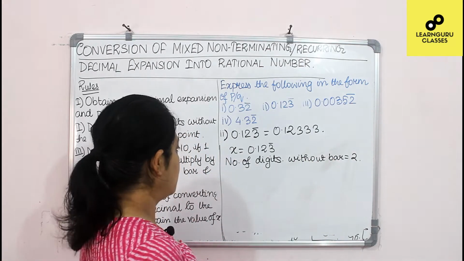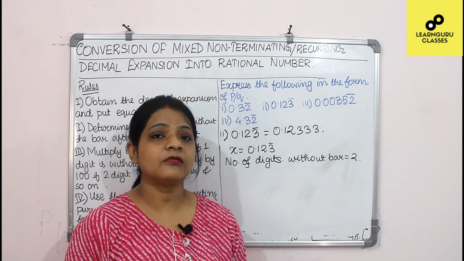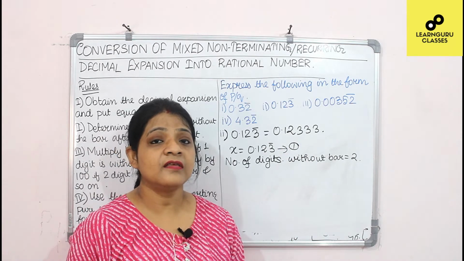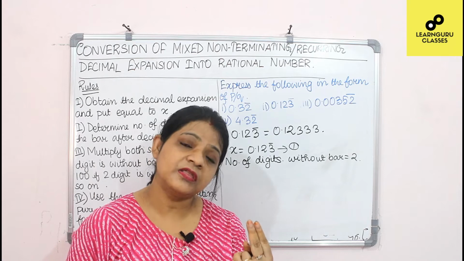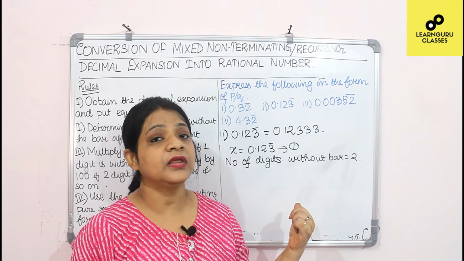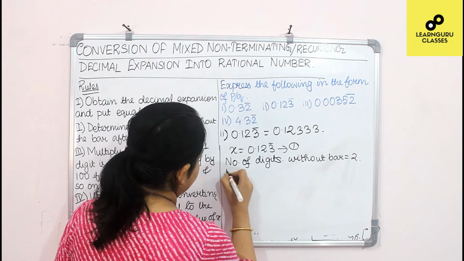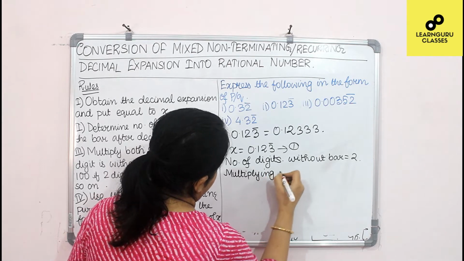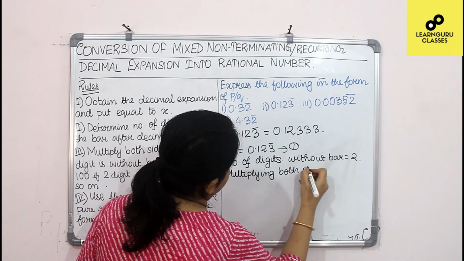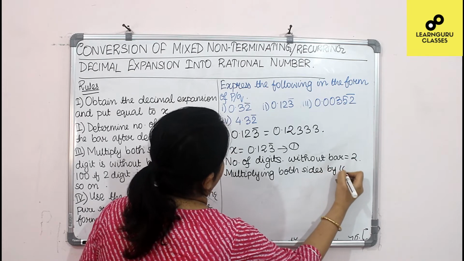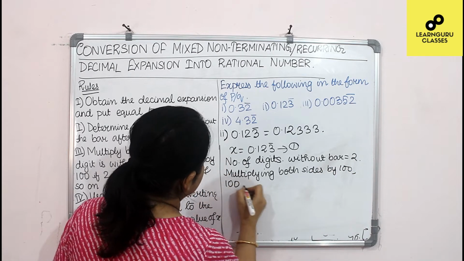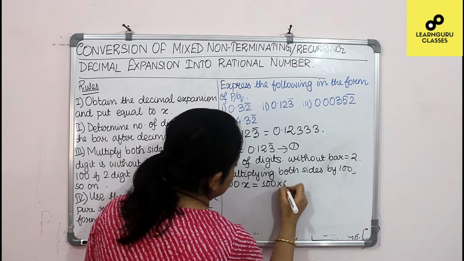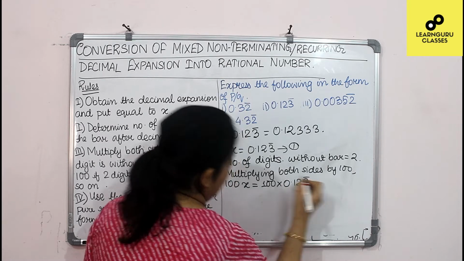Okay, so since 2 digits are without the bar, with what will you multiply equation 1? Yes, 2 digits are without the bar, so we will be multiplying it with 100. So multiplying both sides by 100, this will be 100 into x equal to 100 into 0.123 bar.